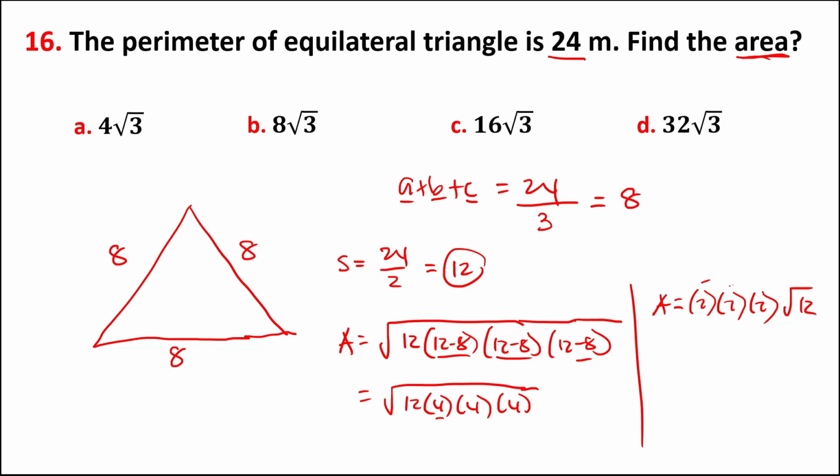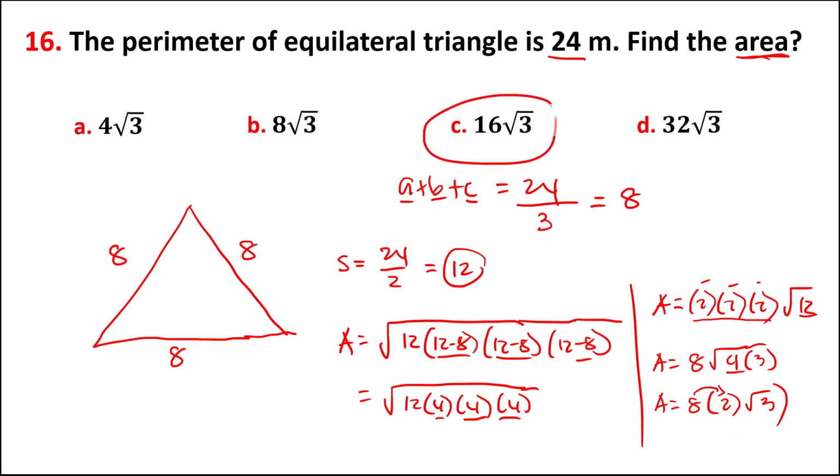This 2 is from the square root of 4. Then 2 times 2 times 2 is 8. Then the square root of 12 is the square root of 4 times 3. Then area equals 8 times 2, square root of 3. So the area is 16 square root of 3.